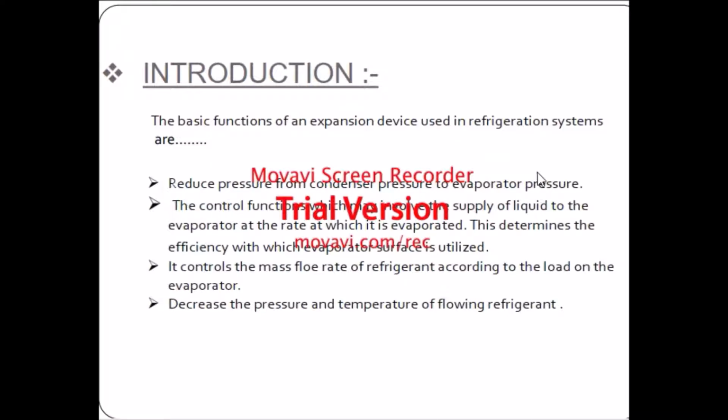You know why? Because we try to reduce the temperature. Then there is the control function, which involves the supply of liquid to the evaporator at the rate at which it is evaporated.